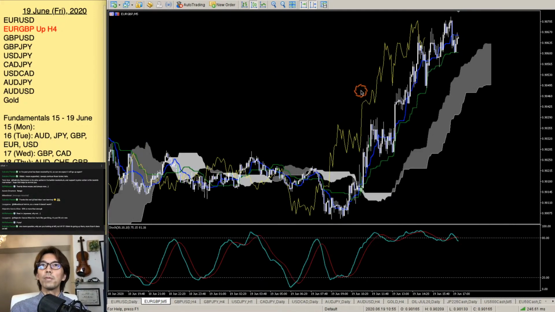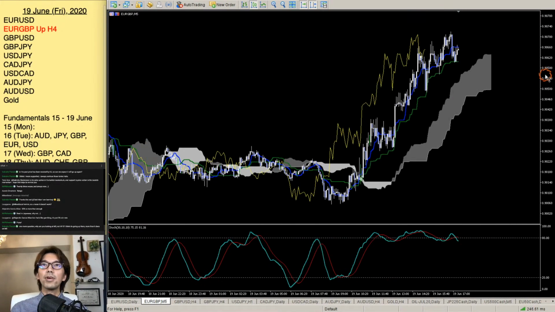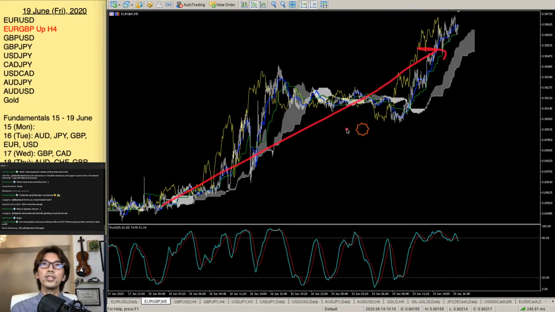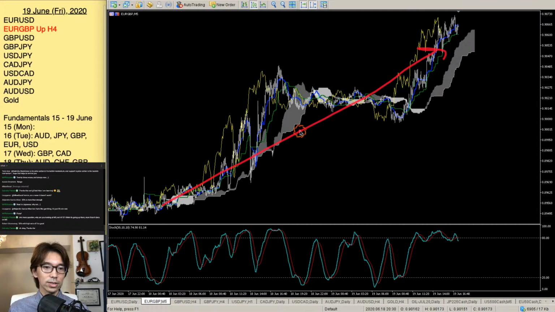All right. So if you look at the market right now, this is uptrend the whole time. So basically, we're looking for the buy chance, but where to buy is the question. Stochastic divergence usually appears when it's in the range.